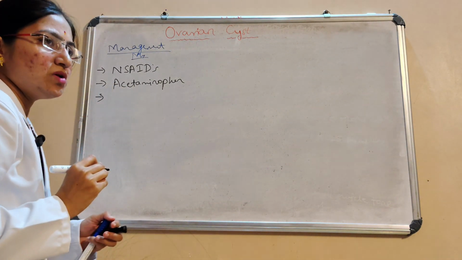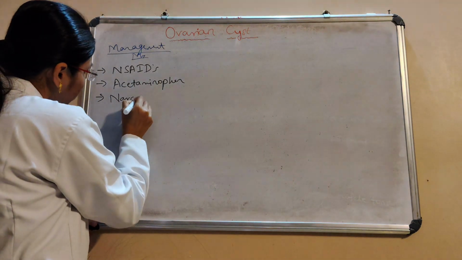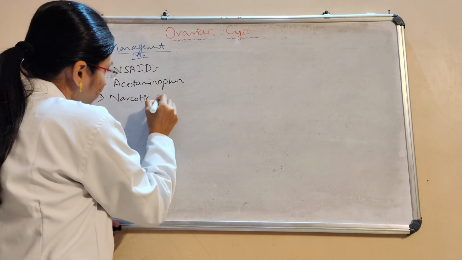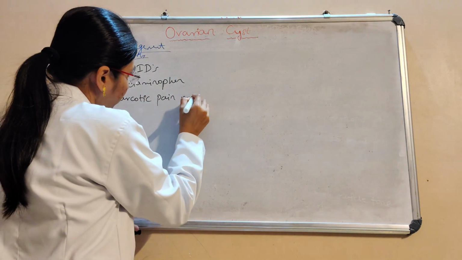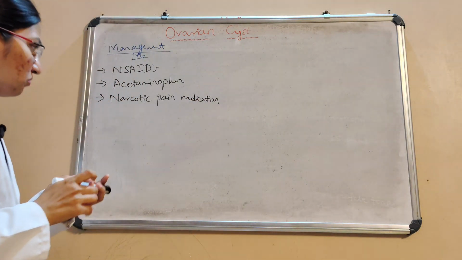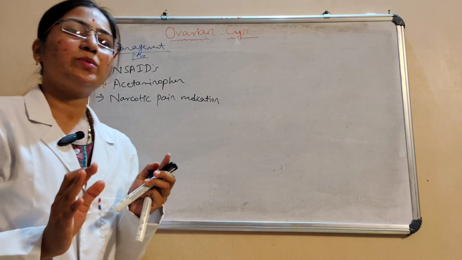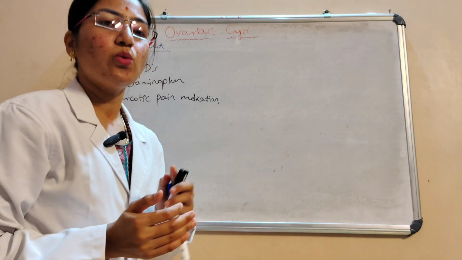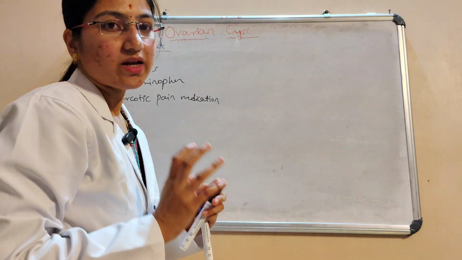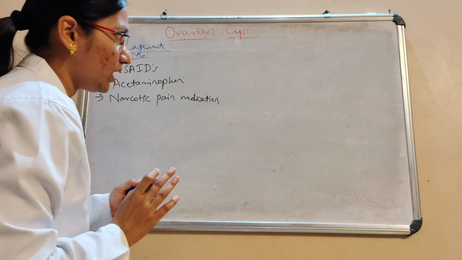And then also we can give narcotic pain medications. And then warm bath can be given. And then hot pads have to be applied to the lower abdomen near the ovaries to relax the tense muscles and also relieve cramping.